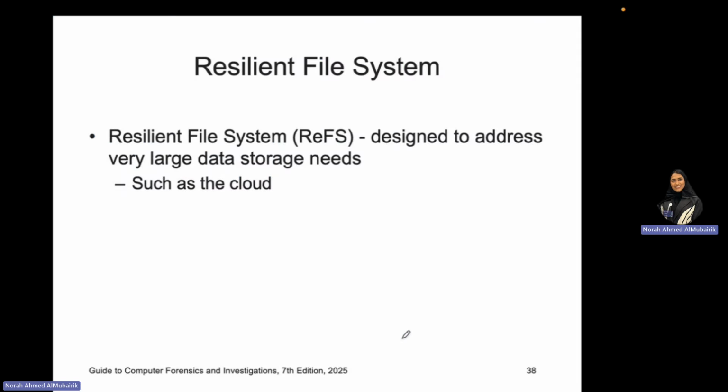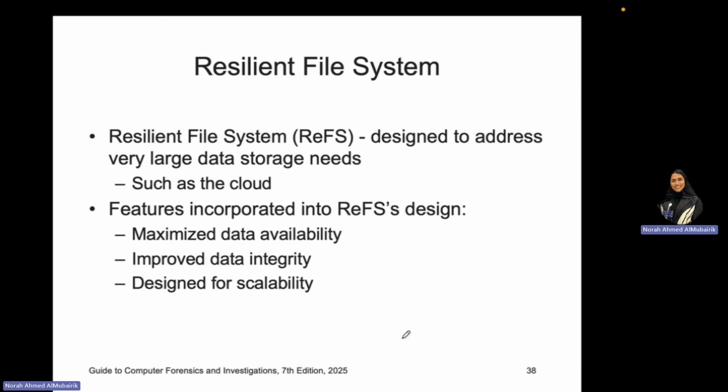Now we'll talk about the resilient file system. The resilient file system exists usually where it requires a large number of users, and further availability, integrity, and scalability. Therefore, we can find it in a lot of servers, from Server 2012 through 2022 and 25.